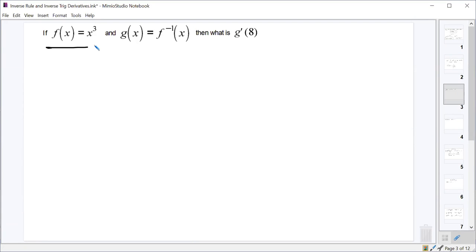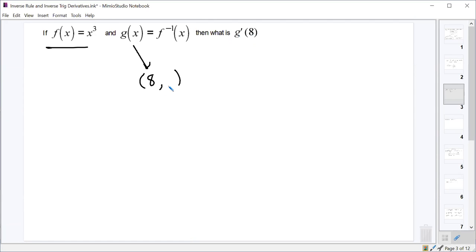We'll do that in a minute. But I want to see if we can use the inverse rule first. If we want the derivative of g of x at 8, that means there must be some point on g where the x value is 8. Would you guys agree with that?